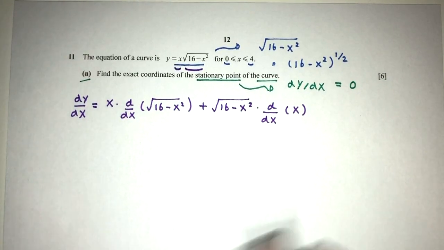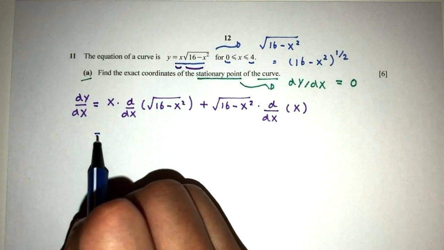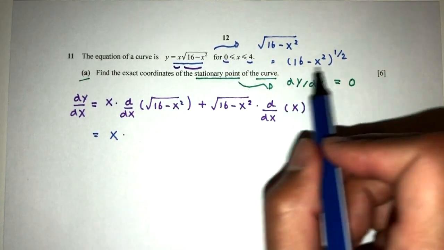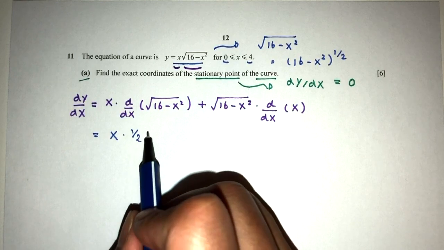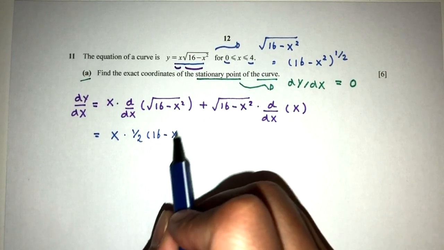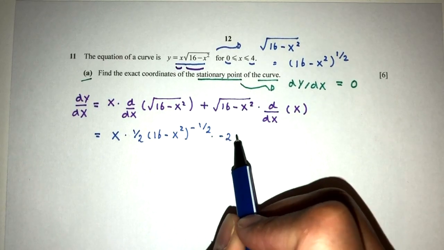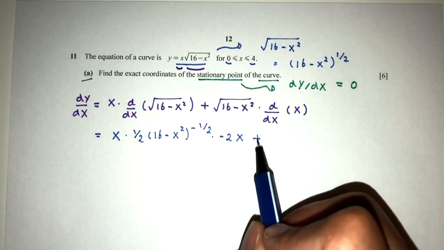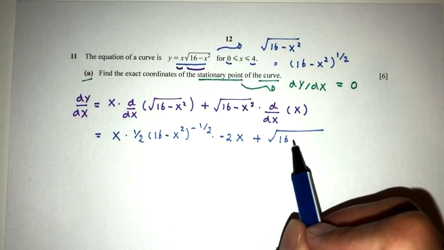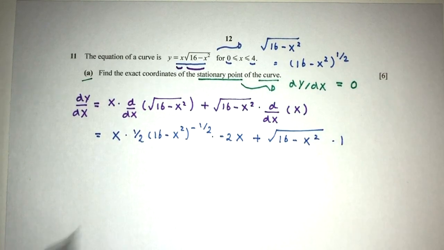Now simplify to see what happens. You will have x, this is this, you will have half 16 minus x squared to the minus half multiplied by minus 2x. Then of course plus root of 16 minus x squared times 1.